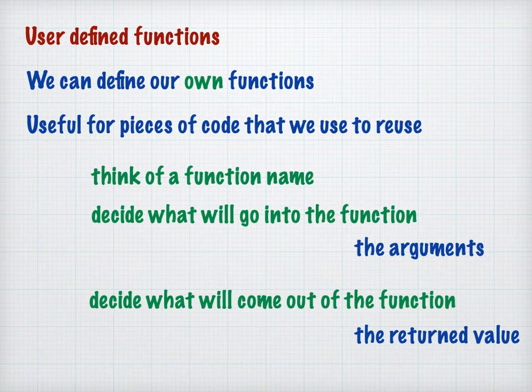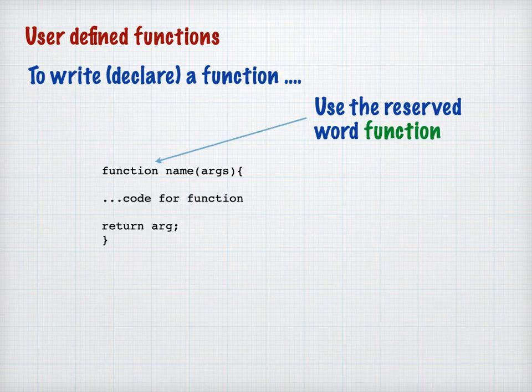Now, the way that we actually define and declare a function uses the reserved word function, and then there's some other bits and pieces, and then at the end we'll have this reserved word return. So those are the two quite important parts of a function.